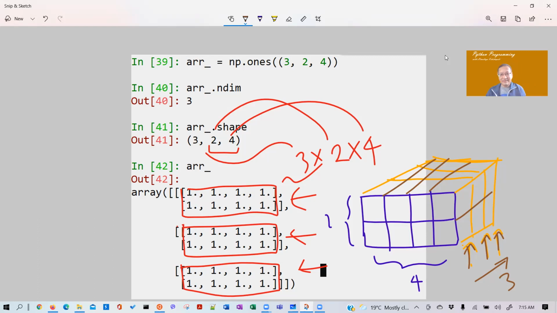Now, as you can see, it's a 3D object. To visualize it, the way I drew it, you can see each one, and there is another component, there's a depth as well.